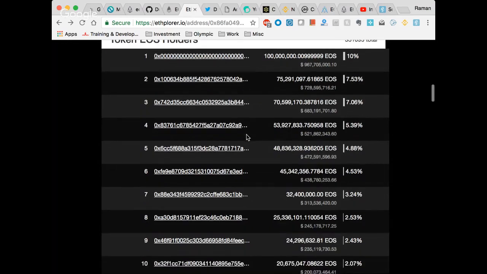So let's assume that one of these wallets is Binance. Now, what they're doing is, out of their 53 million tokens, they're just changing the allocation of these tokens to each holder. So they are registered tokens. We don't know. Definitely you will get the mainnet tokens automatically, because Binance is going to get all these tokens converted, and they can just give the tokens to the right people who finally own it in their systems.